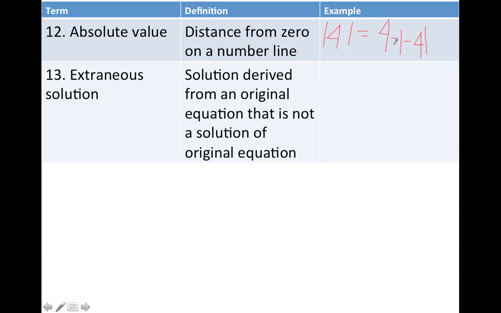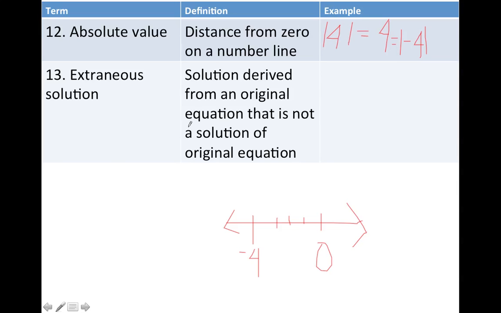Because if you had negative 4 on a number line, then we'd have negative 3, negative 2, negative 1, 0. The distance from negative 4 to 0 is 4, so that is the absolute value of it.